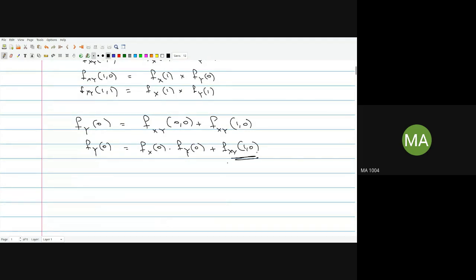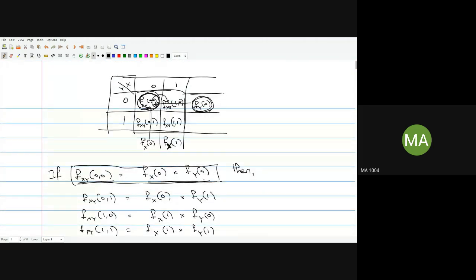From here, look at Fxy of 1, 0. This will be Fy of 0 minus Fx of 0 times Fy of 0. If I take Fy of 0 common, it will be 1 minus Fx of 0. So what is 1 minus Fx of 0?